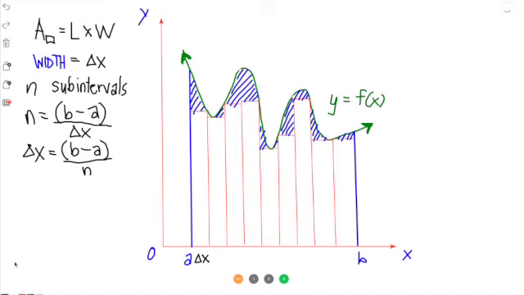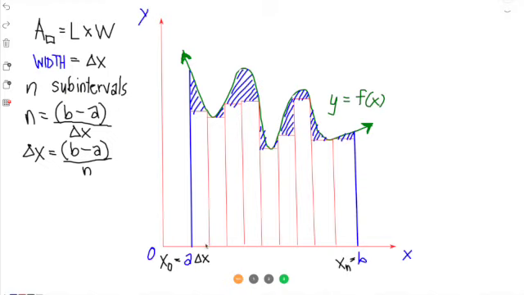So for our length, let's first define the endpoints of our interval. I will write x sub 0 equal to the first endpoint, which is a, and the rightmost endpoint b, let's call that x sub n.